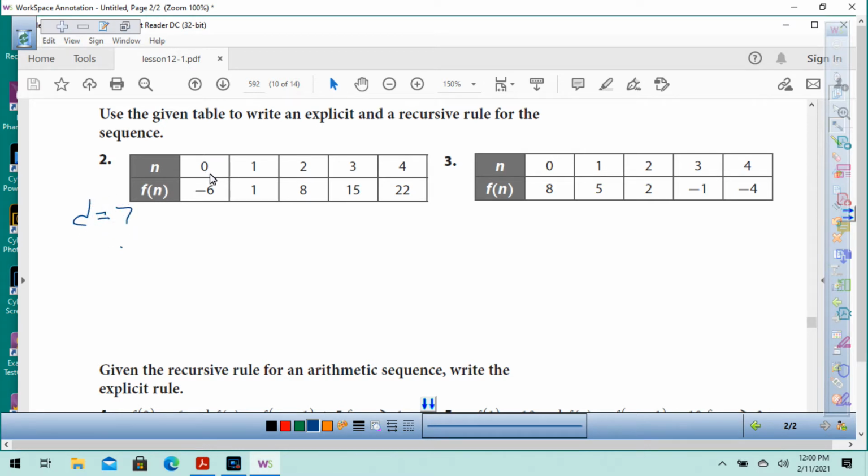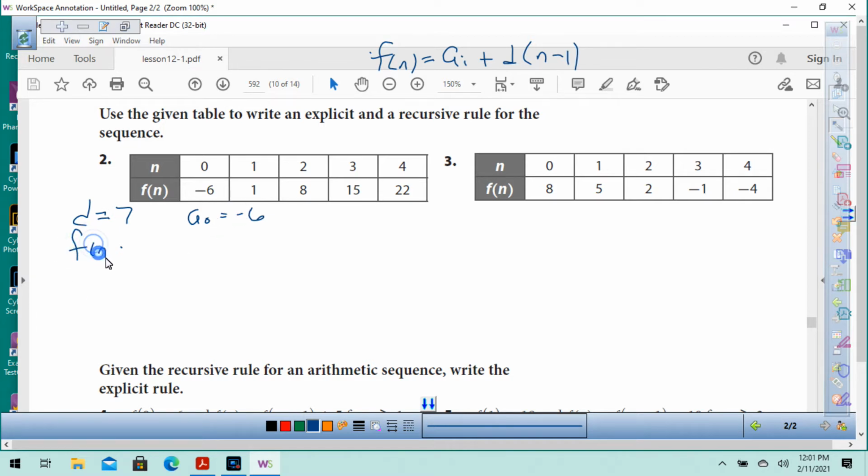Now we have to find, it starts at 0. We're going to say a sub 0 equals -6. All right. So the formula we want to use is f of n equals a sub 1 plus d times n minus 1. Okay. Well, this time we got 0, so that's going to change the formula a little bit.